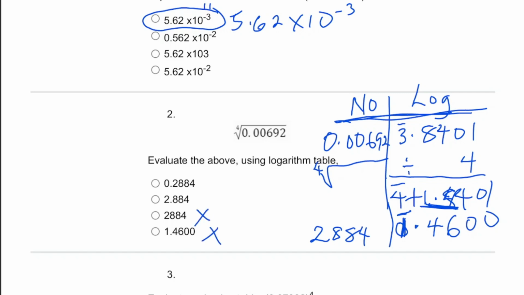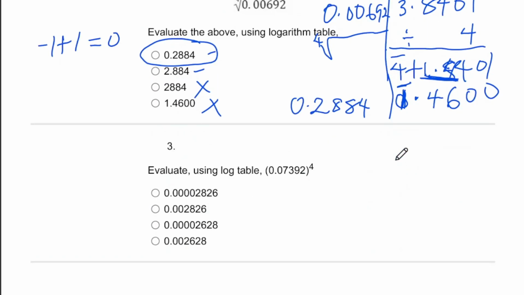The answer is between this and this. Now what we have here is bar 1. Bar 1 means minus 1. In ordinary numbers, we are going to add 1. Minus 1 plus 1 will give us what? 0. So we are going to count 0. That is 0 point. So the answer will then be this one. So if you were not taking note, you missed it. So that is that on this one.